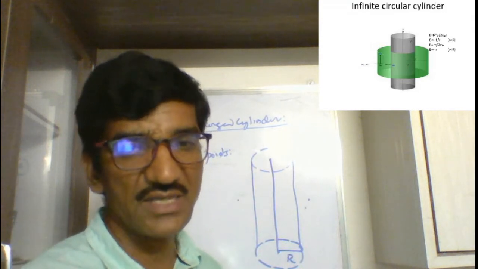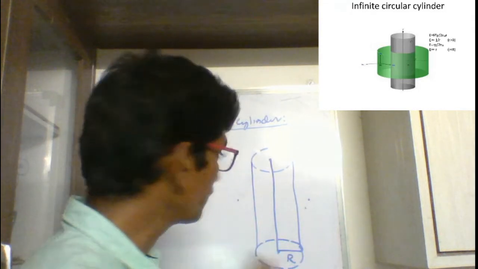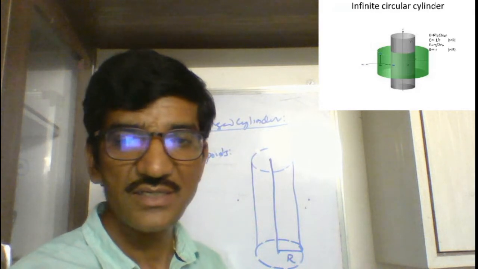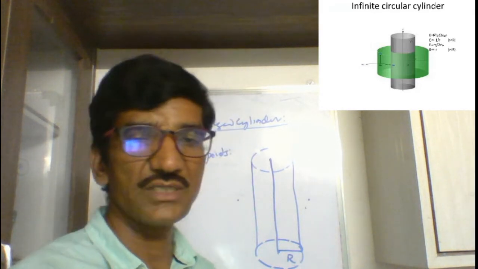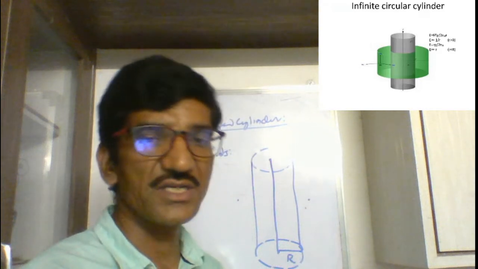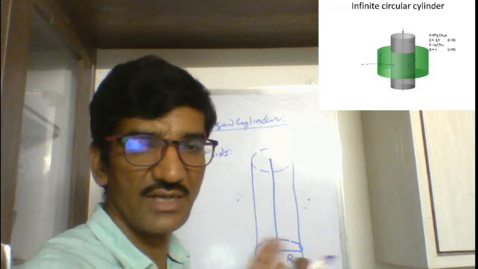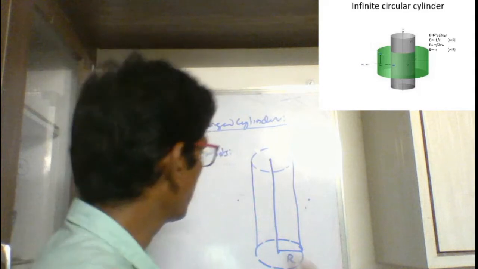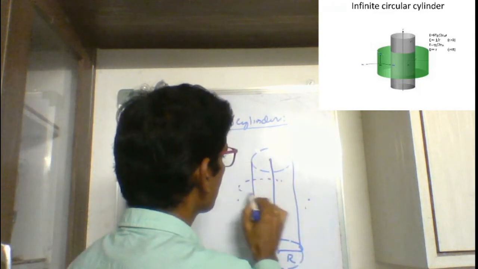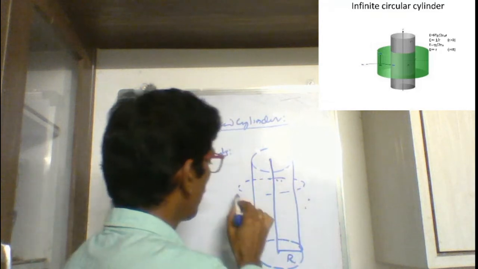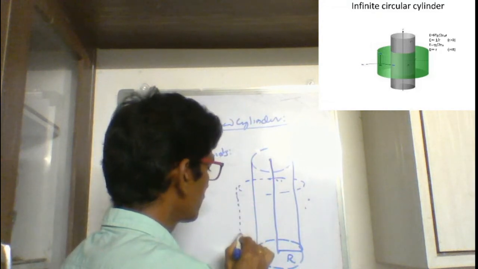What will that surface be, passing through these 2 points? The cylinder covers these 2 points, so the shape of your imaginary surface is also the shape of the real object, that is a cylinder. Now I will draw an imaginary cylinder passing through these 2 points of interest.